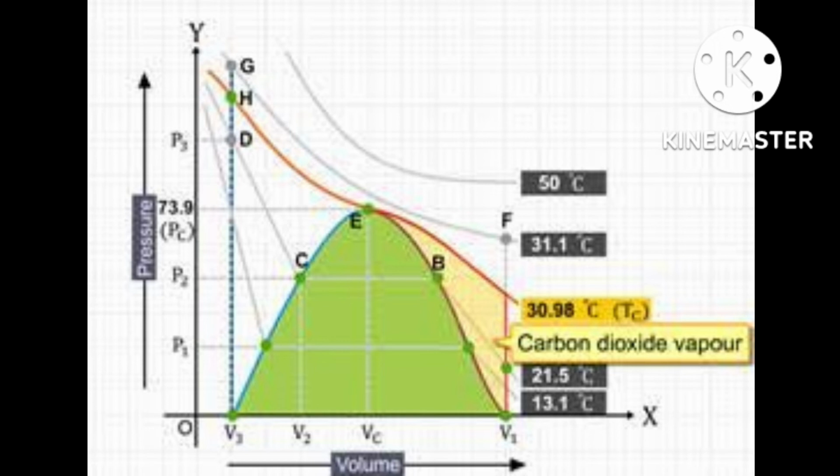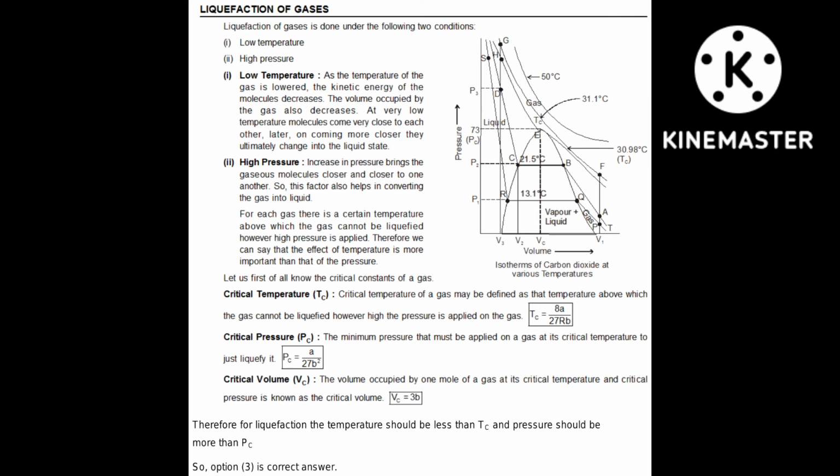For example, what I have told in the case of carbon dioxide, we can see these things at a particular temperature, that is 30.9, or 31 you can also say, exactly 30.98.